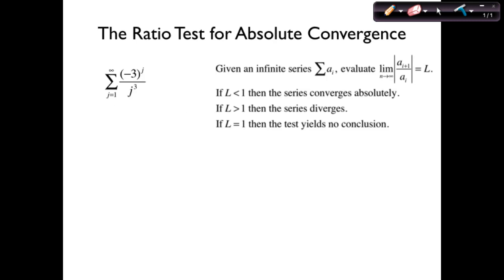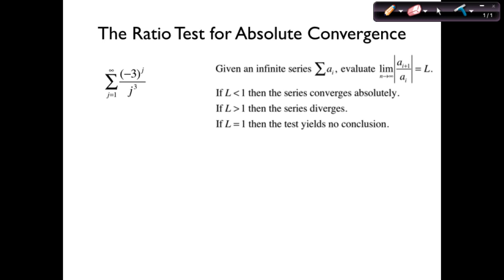Okay, first example. So we're going to use the ratio test to see what happens with this series. What we're going to do is form this ratio, the i plus first term to the ith term. And you can use i, you can use j, you can use k, it doesn't matter.